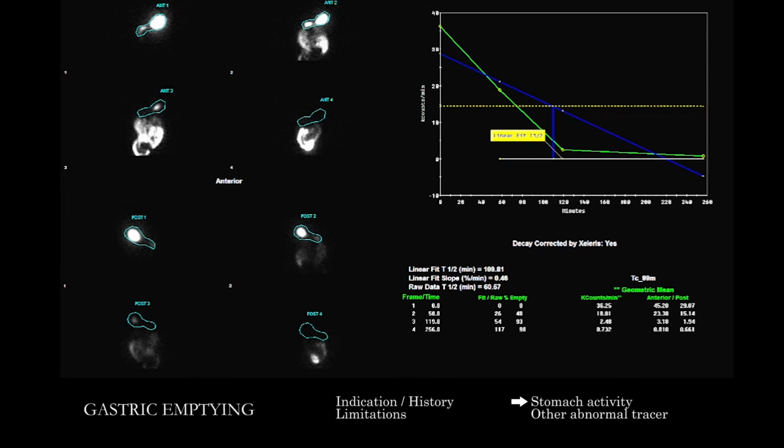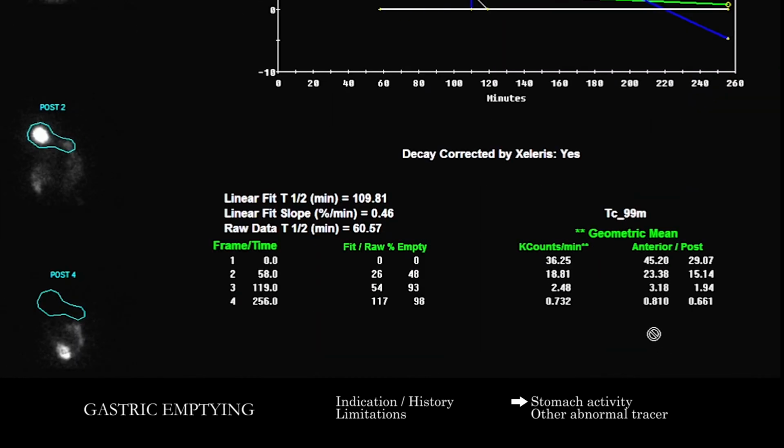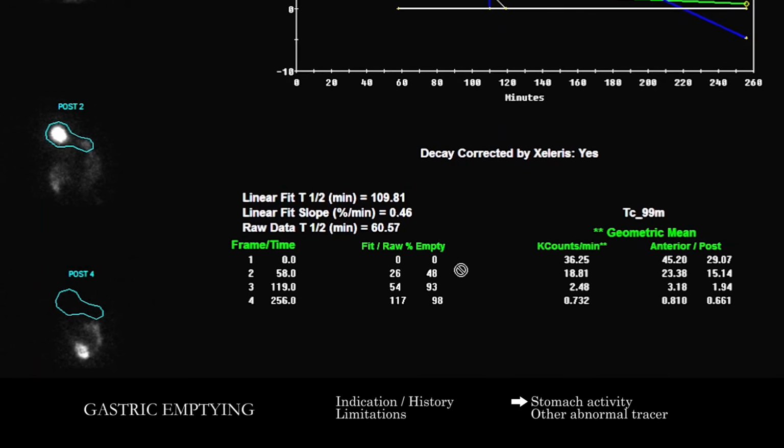And so we're going to see here that there's an emptying that's sufficient at 4 hours. I think we can zoom up here and see that it's 98% emptying, so only 2% remaining at 4 hours. This is adequate emptying, and there doesn't seem to be concern for rapid emptying either.